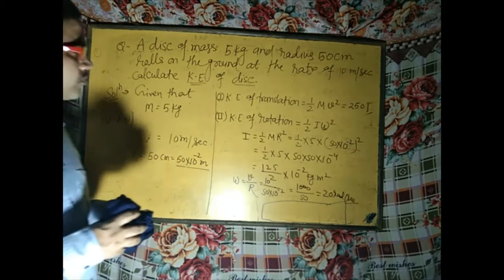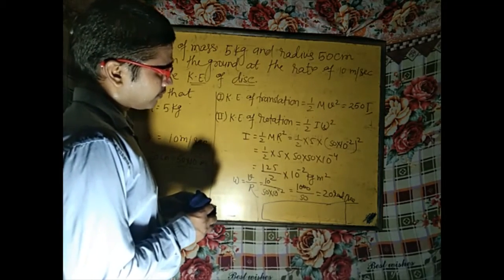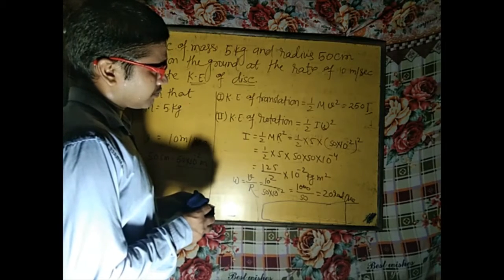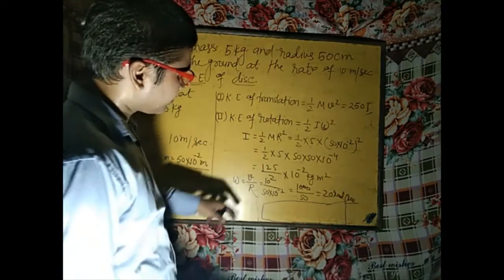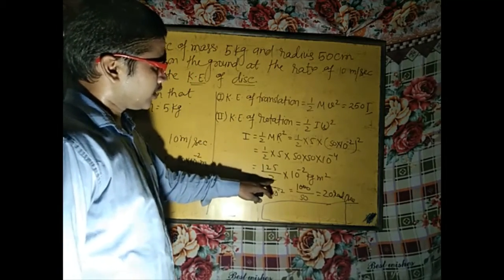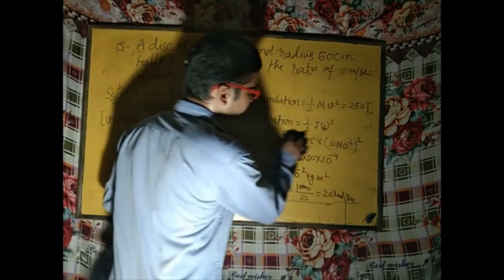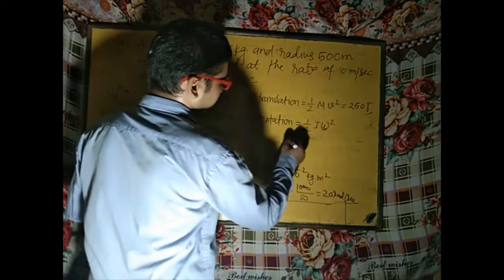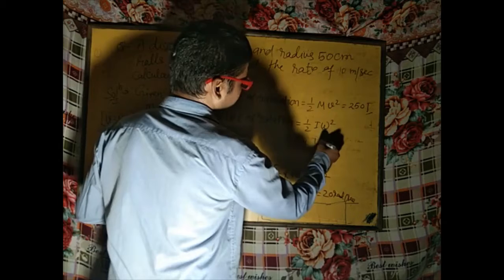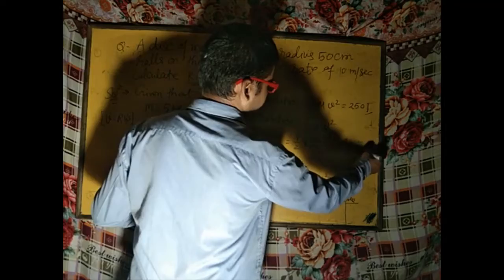So I am going to solve this for kinetic energy of rotation. So must remember these values, that is 125 by 2 into 10 to the power minus 2 and 20. So the kinetic energy of rotation can be calculated by putting the values. The value of I, that is 125 by 2 into 10 to the power minus 2 into 20.